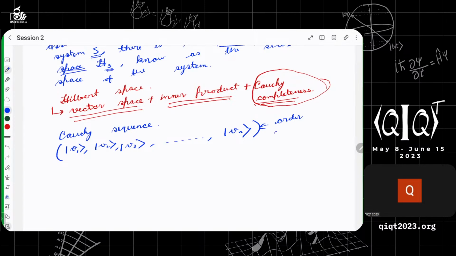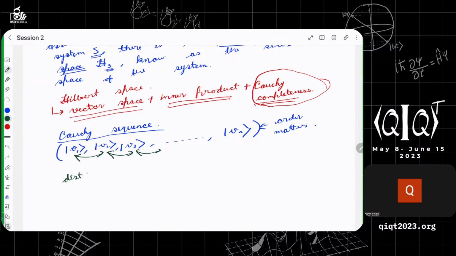A Cauchy sequence is a sequence like this where the distance between the elements keeps on decreasing. That means the distance between V1 and V2 is more than the distance between V2 and V3, more than the distance between V3 and V4, and so on.